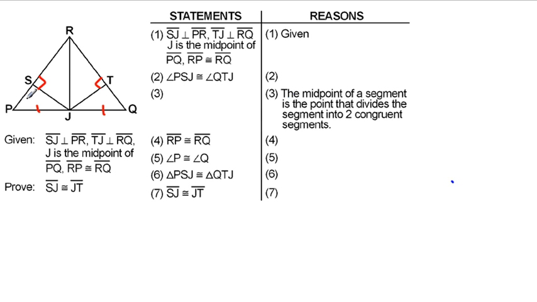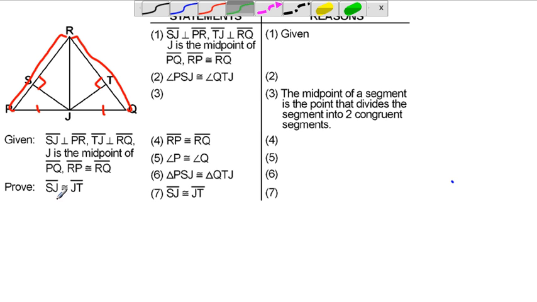And then RP, which means this whole side is congruent to this whole side, RQ. Now, ultimately, using all those things, how can we prove that SJ, which is this line segment, is congruent to JT, which is this one? You see, if we can focus on those two congruent line segments, we should be able to do this one in a couple of different ways.